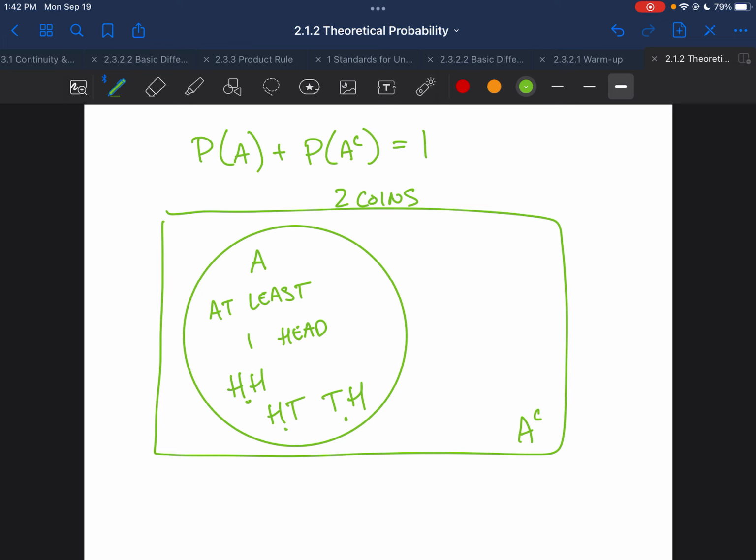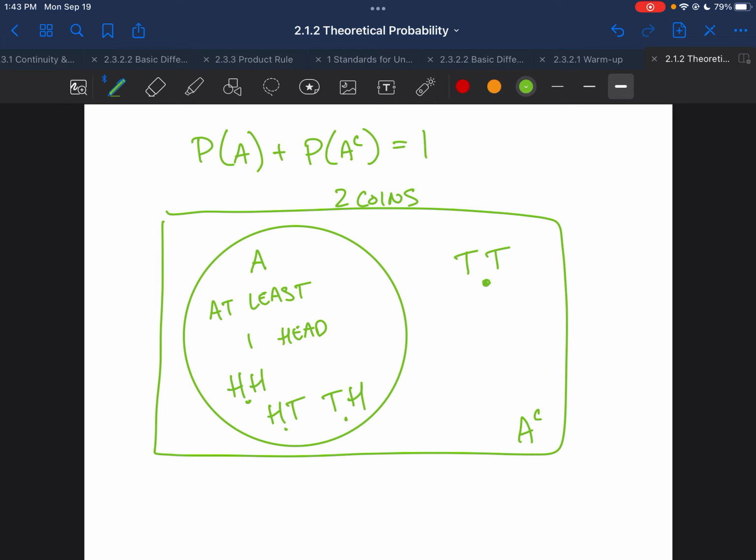So there's 1 value in the sample space where no heads are. And the complement of at least 1 head would be there are no heads. And that is that we flip a coin twice and we get 2 tails. This is the only value in my sample space where we are not part of event A.